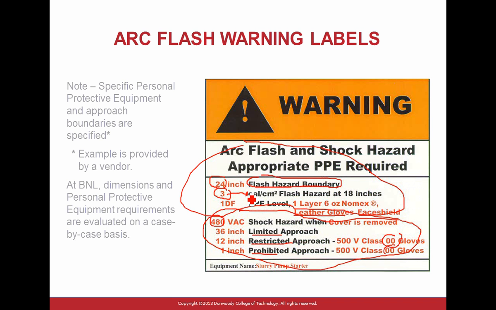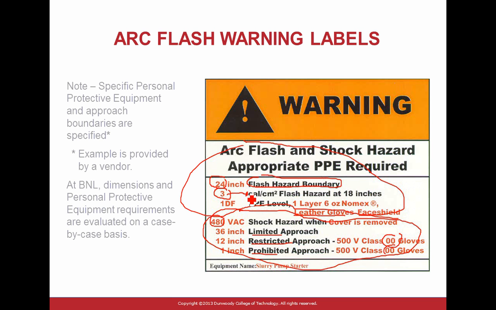So the next line down, it says 1 DF PPE level. Is that the category PPE level you need? Is 1 DF category 1? I'm not used to the language. The software that we have labels it with exactly 1 category. It says 1 category. I assume this is what they use.